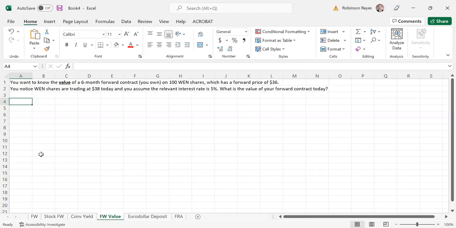Now let's assume that once you're holding that contract in your hands, the price of forward contracts like yours drops, or let's assume that the price goes up. If the price goes up and you are the holder of this forward contract, then you're having this gain, and that gain is what we consider the forward value.